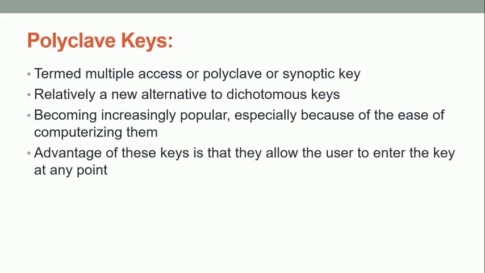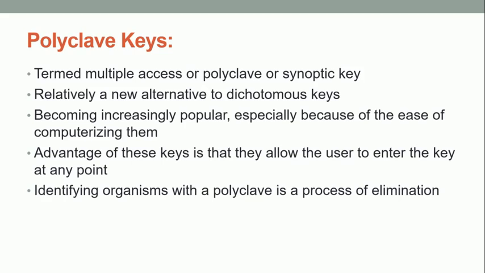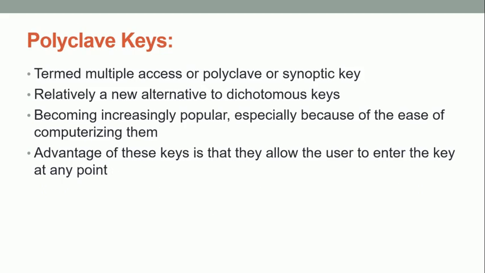Now the major advantage of this key is that it allows the user to enter the key at any point. What is meant by that? You can use any visible character you are looking at as an input for your key, and you can start your search from that particular character.